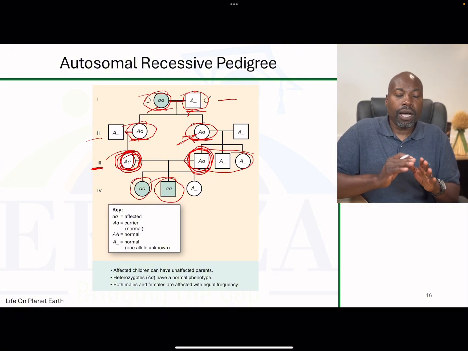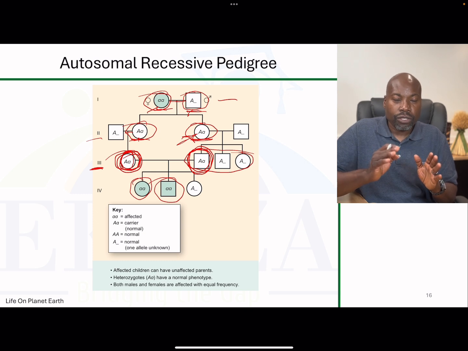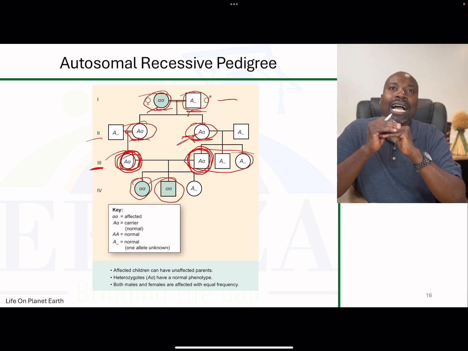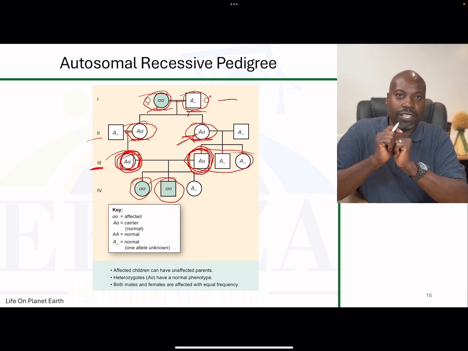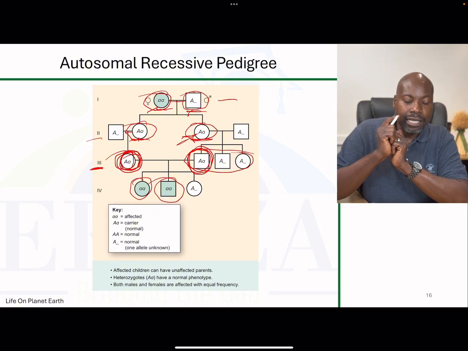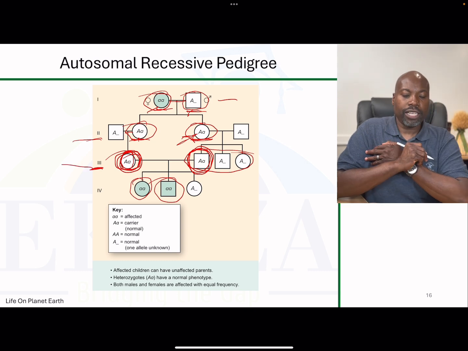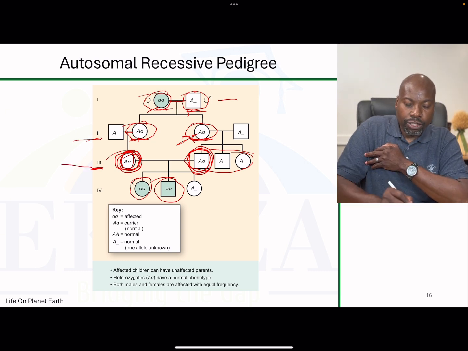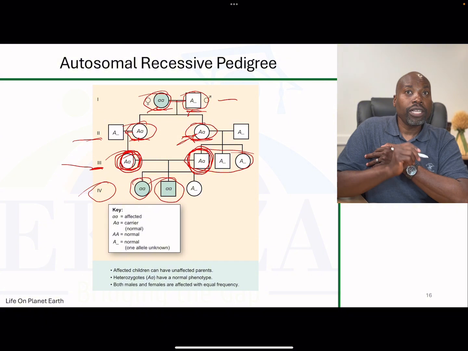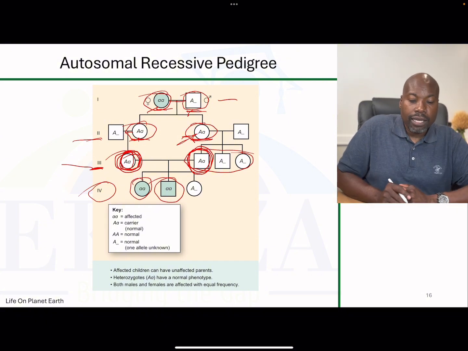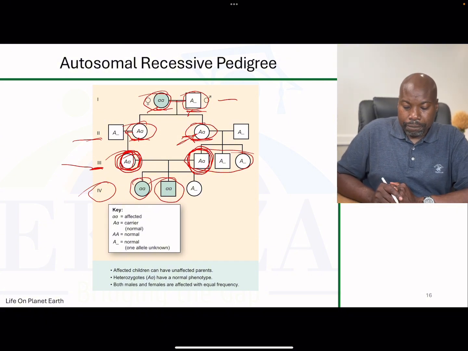Autosomal recessive disorders most of the time skip a generation, at least one generation. But we can see that in this particular instance, they skip 2 generations, right? Only in the fourth generation do we see individuals that are affected.